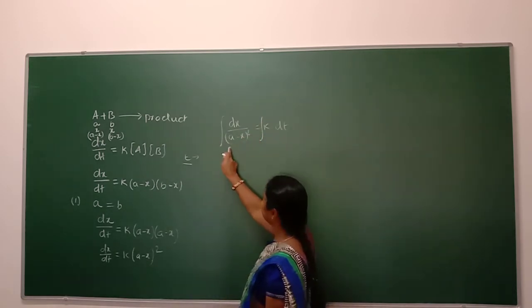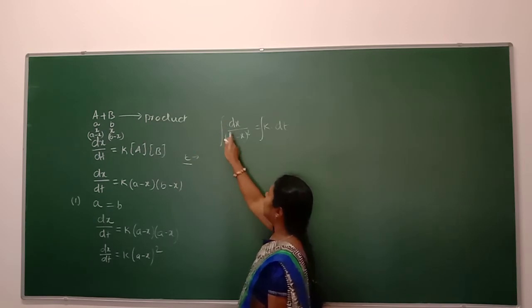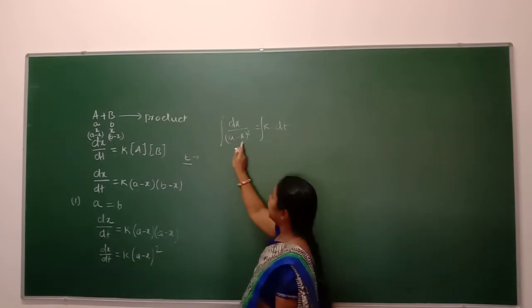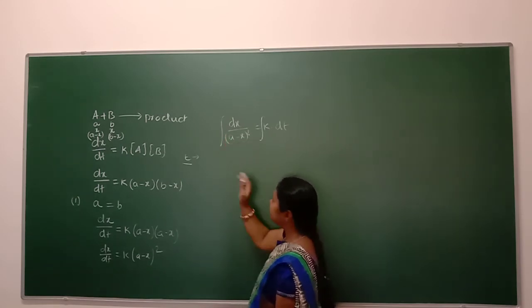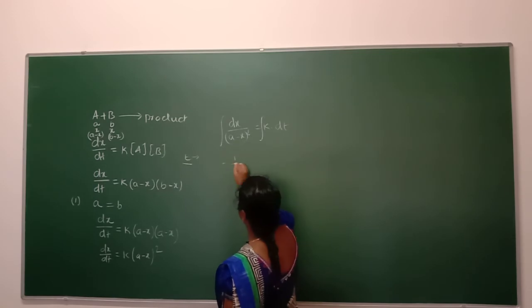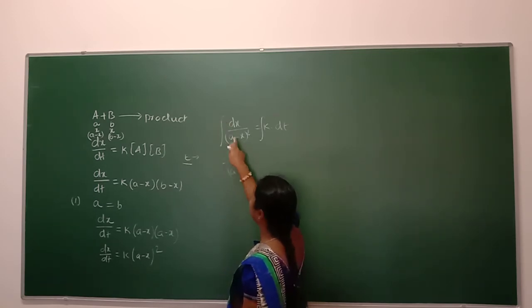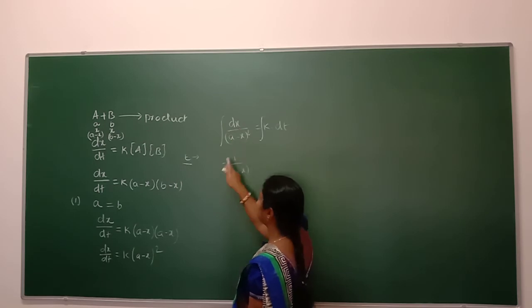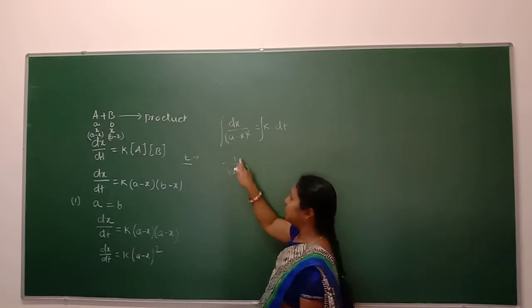The left-hand side is of the form integration of 1 by x square, where x means a minus x. Integration of 1 by x square with respect to x is minus 1 by x. And the differentiation of these two has to be taken.